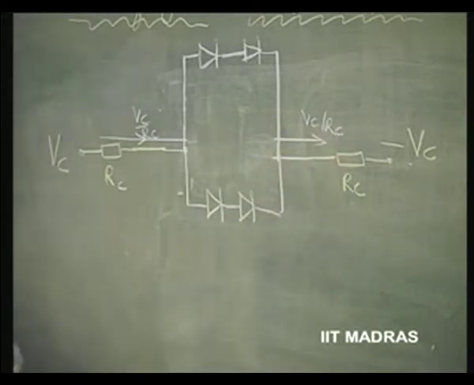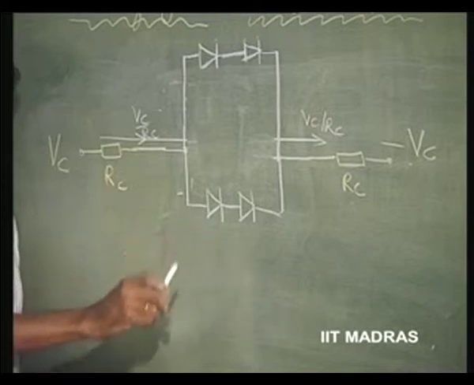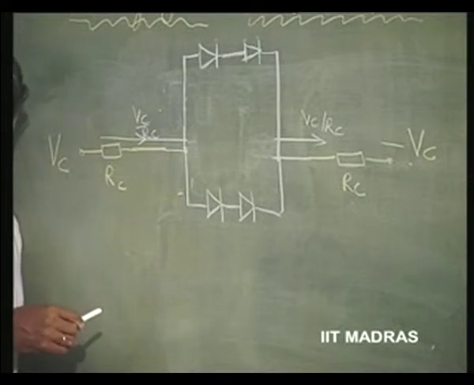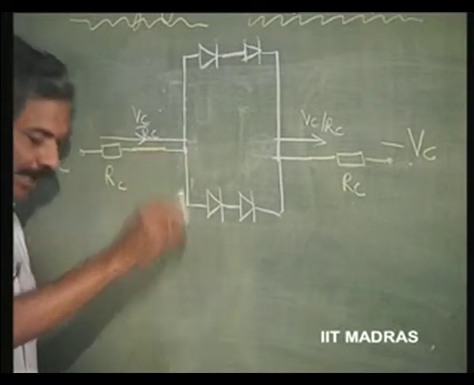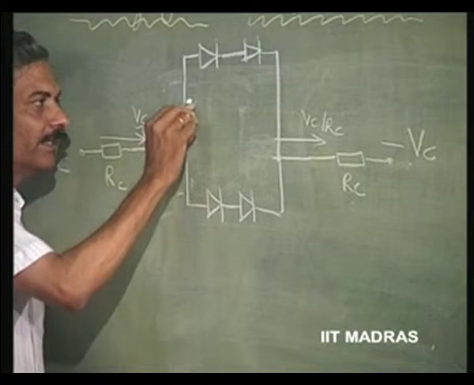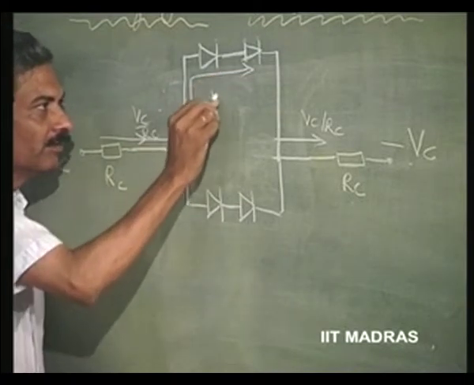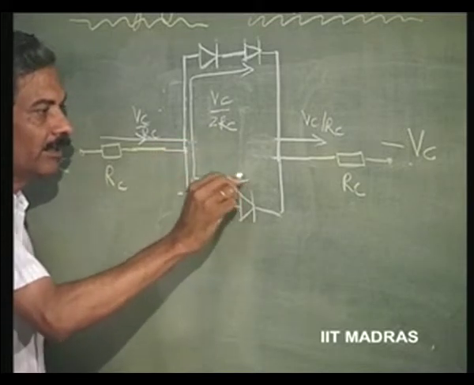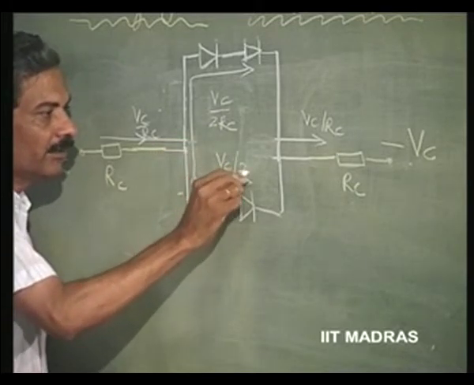What will be the current flowing in these respective arms? They are both short circuits. If they are exactly identical short circuits, then the current has to be half of this. This will be Vc by 2 Rc and this will also be Vc by 2 Rc.